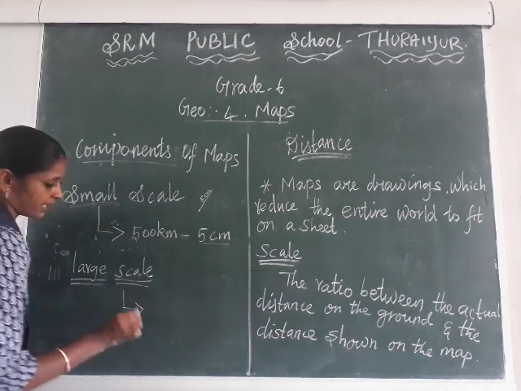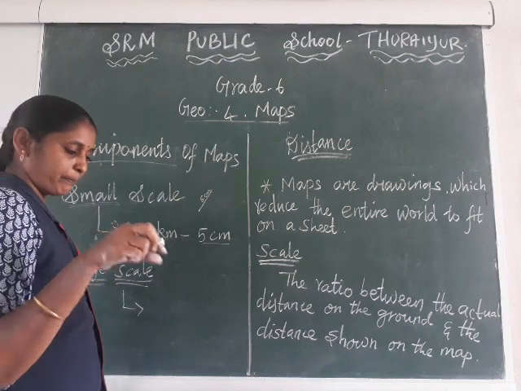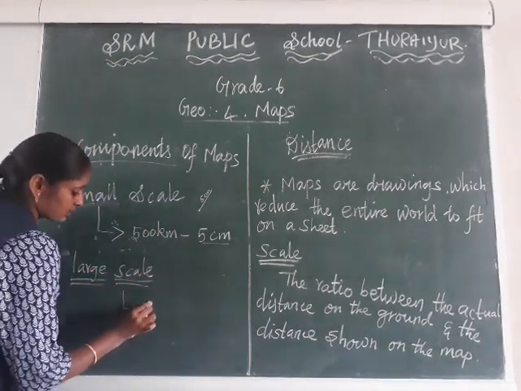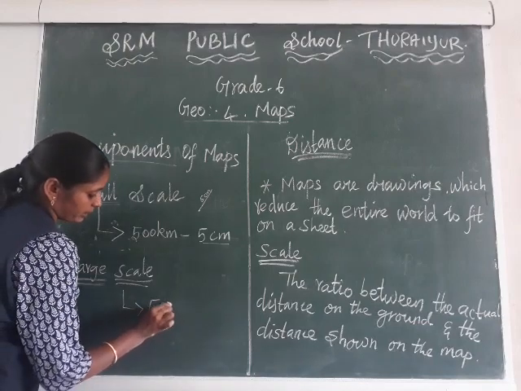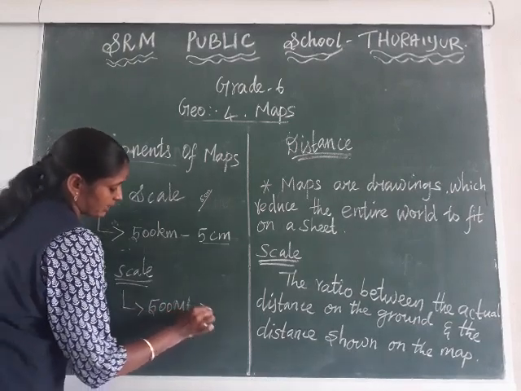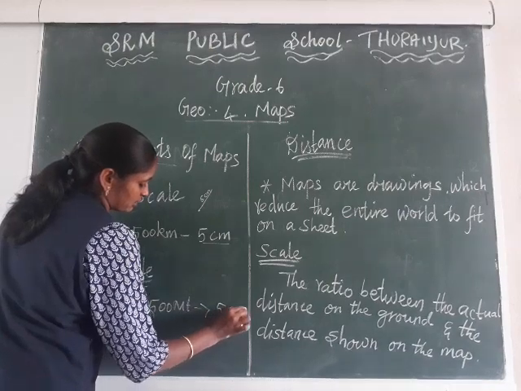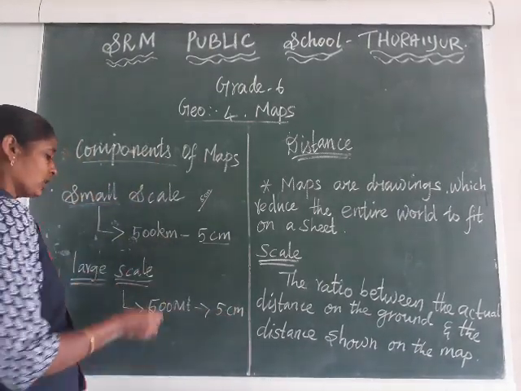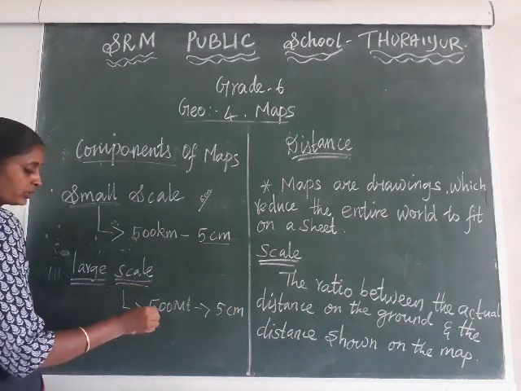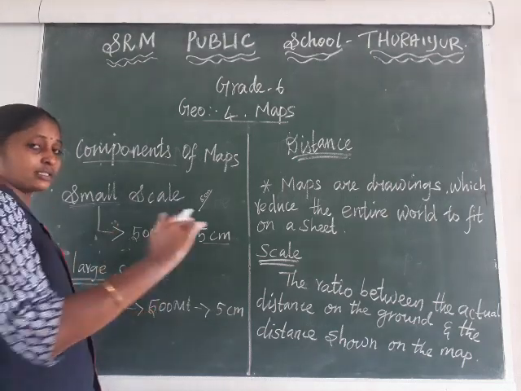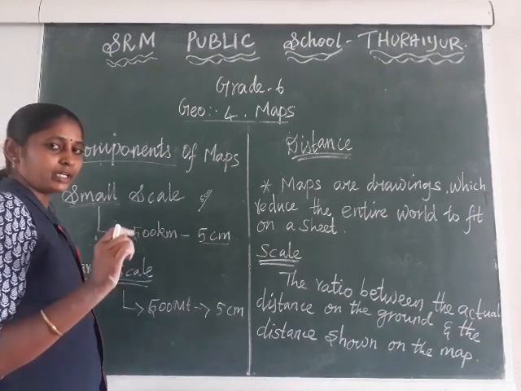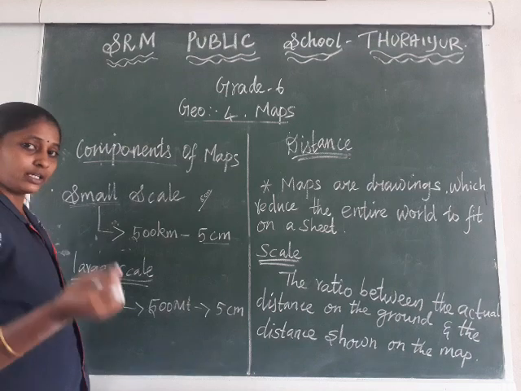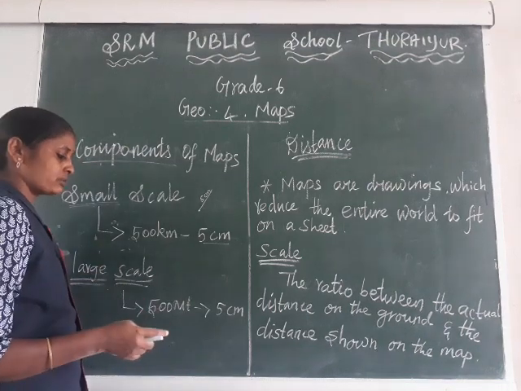When we mark a particular area, we use 500 meter as 5 centimeter. I hope you will understand the distance. So in a large scale map we use 500 meters as 5 centimeter, but in a small scale map we use 500 kilometers as 5 centimeter.